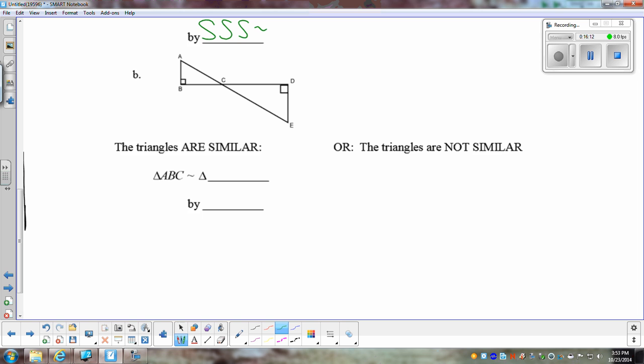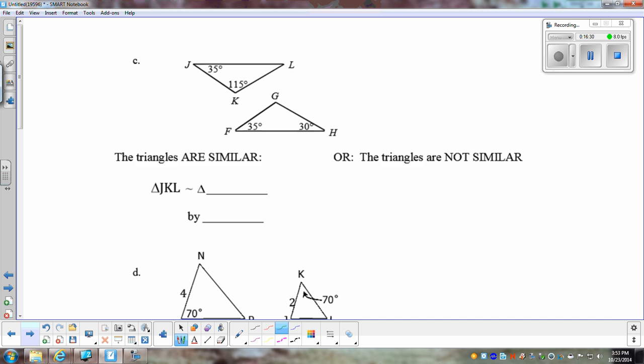Next one. I know that angle B is congruent to angle D, and I have some verticals here. These two are similar by angle similarity, and ABC is similar to EDC. Next page. All right, to figure out my last angle, 115 plus 35 is 150.